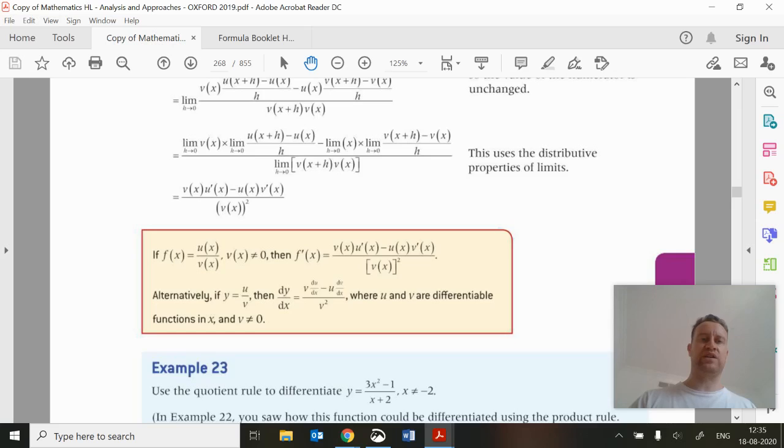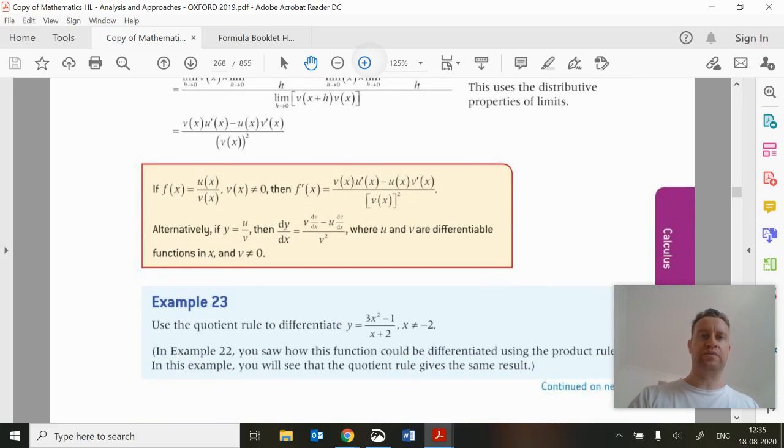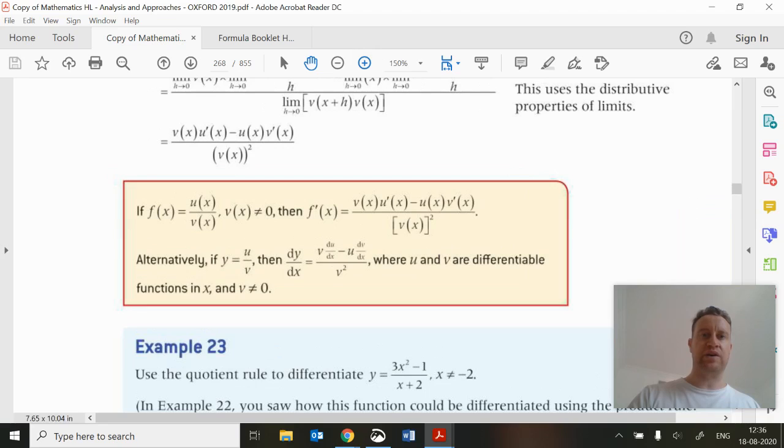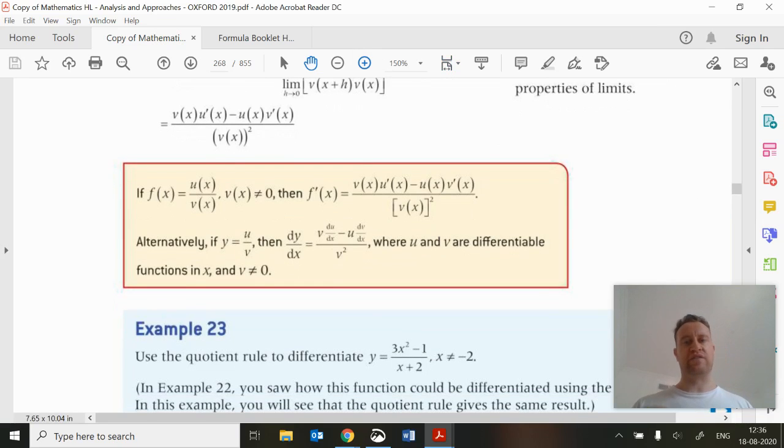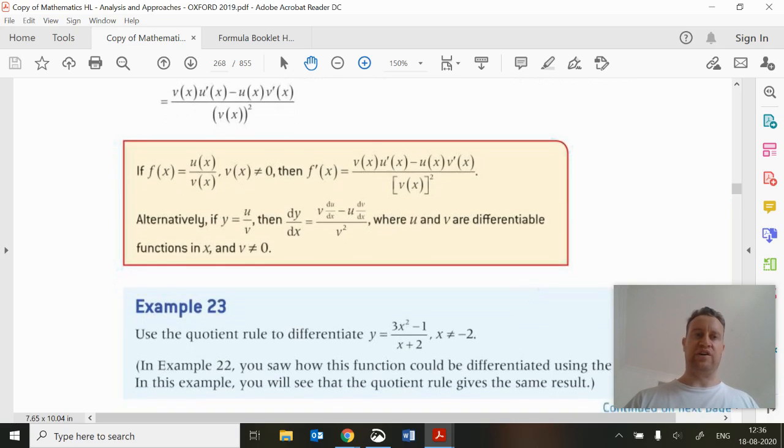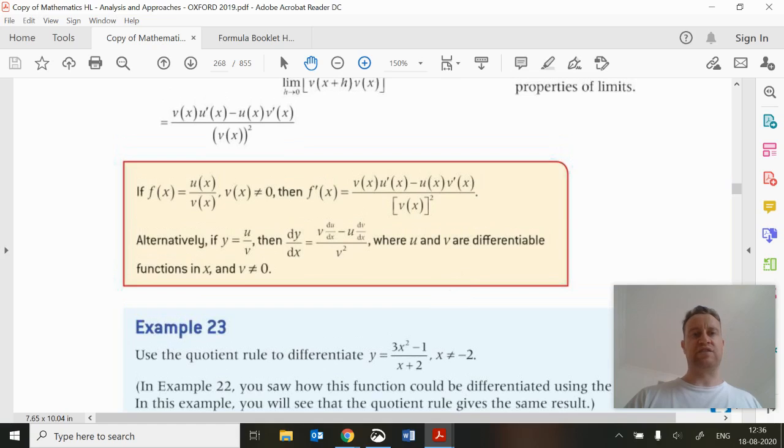Okay, well, first of all then, what is the quotient rule? Here's their little box which they're giving you here, and they're saying, well, look, if you have a quotient of two functions, in other words, if you have u(x) divided by v(x), we're always putting it that way round, so u on the top, v on the bottom, we've got this division of functions, or in other words, a quotient of two functions, then you can see that the formula looks pretty nasty.